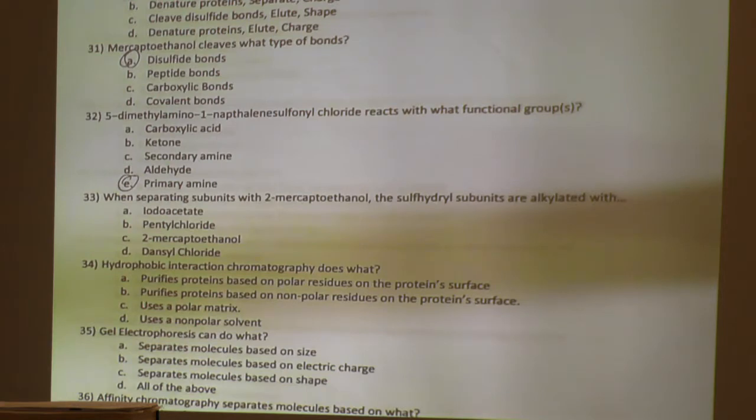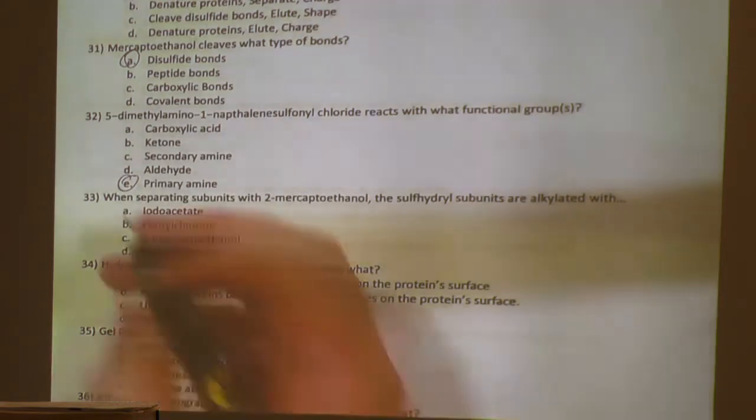I don't remember it off the top of my head, but I wrote that out long ways. So, when separating subunits with 2-mercaptoethanol, the sulfhydryl subunits are alkylated with what? It's A, it's iodoacetate.